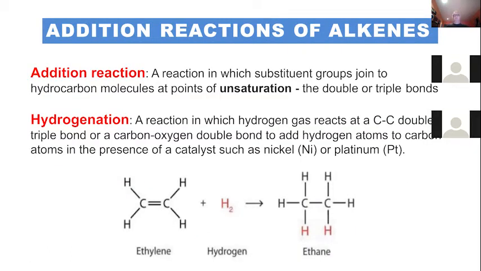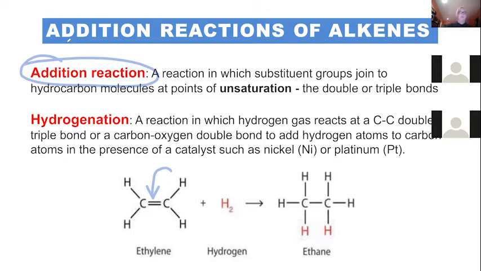Let's look at some of the reactions that alkenes do. They're all basically just addition reactions, as I mentioned. What does that mean? It basically means that this second bond of the double bond is broken. Remember, with these reactions, not all of the carbon-carbon bonds are broken, just one.